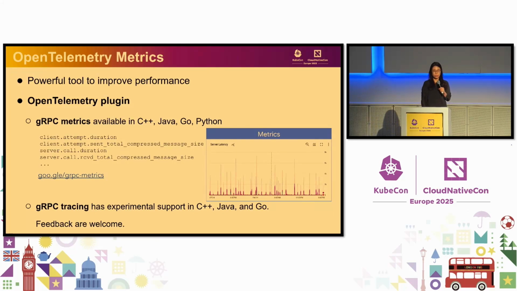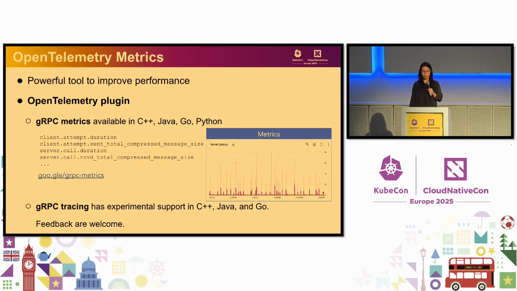We are also expanding the observability support to OpenTelemetry. It helps you to troubleshoot problems and improve the reliability of your gRPC applications, so you can make better decisions about how to architect and manage your systems. OpenTelemetry metrics are available in all the languages that gRPC supports.